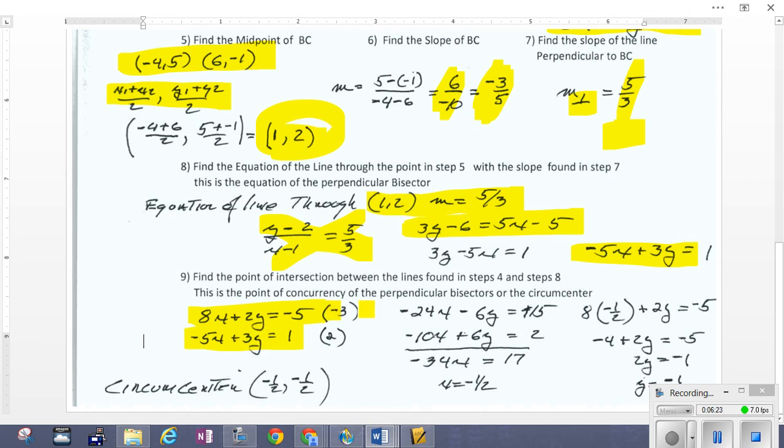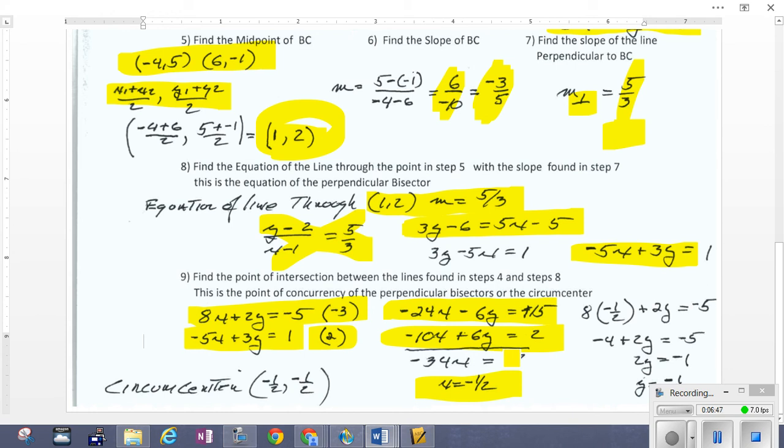Cancel out the y by multiplying the top equation by -3, bottom equation by 2. That gives me a negative 24x minus 6y equals positive 15, and negative 10x plus 6y equals 2. They add up nicely, producing the x value of negative 1/2.